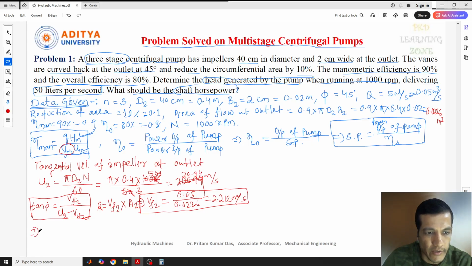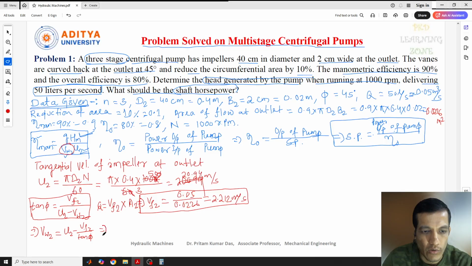Now here we need to calculate the value of vw2. So I'll take the tan phi term to the left hand side, then u2 I can take to this side, and vw2 I'll keep on the other side. Finally I can write vw2 equal to u2 minus vf2 divided by tan phi.